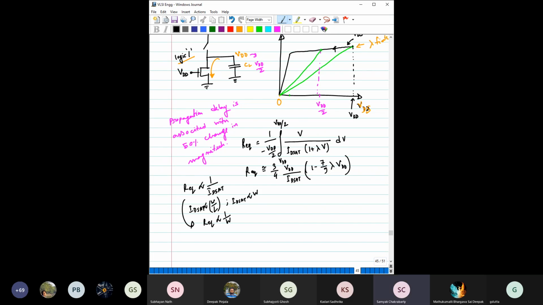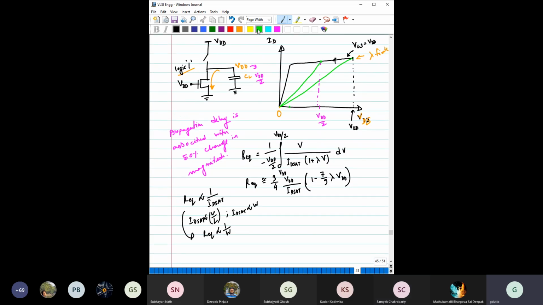So why are we obtaining resistance by integration? Shouldn't it be dV by dI? Because suppose this is one resistance calculated at one point, and here another resistance.